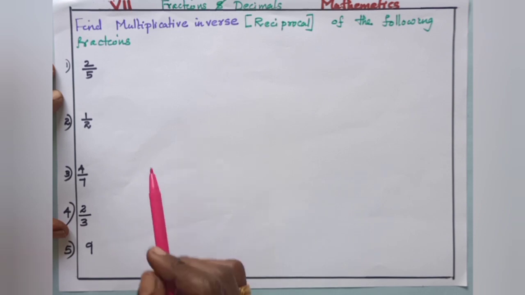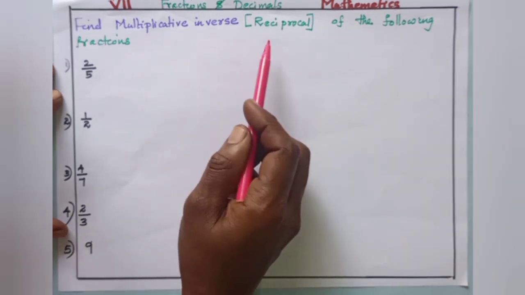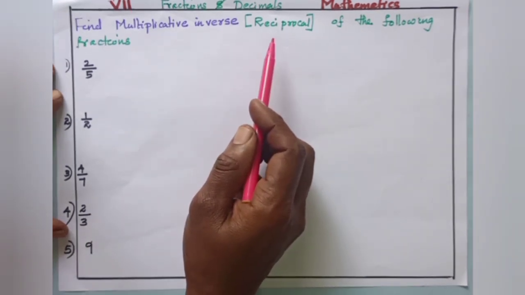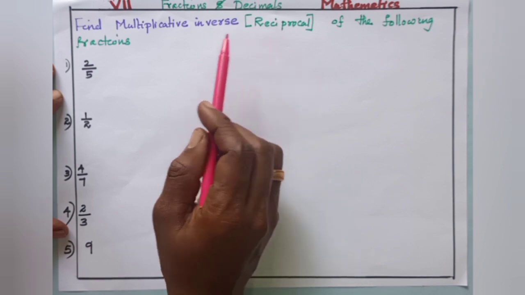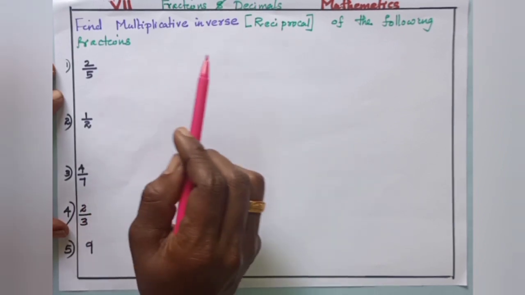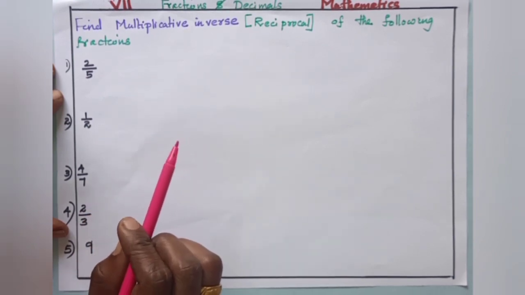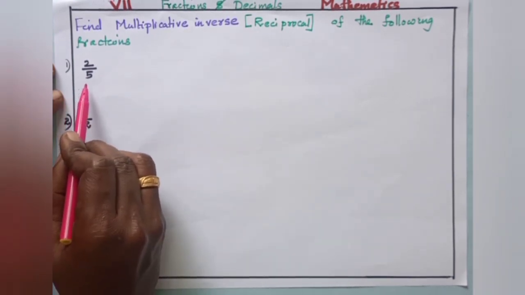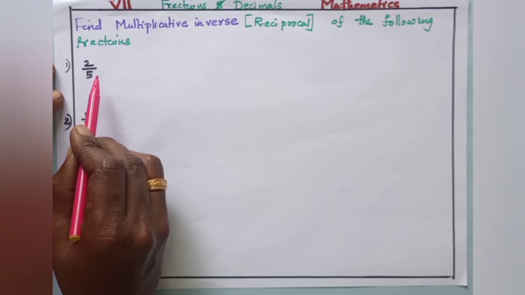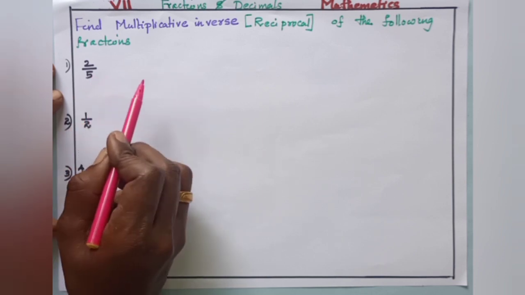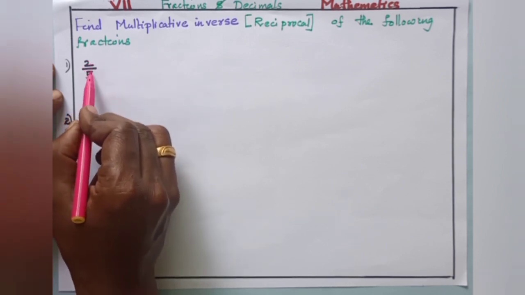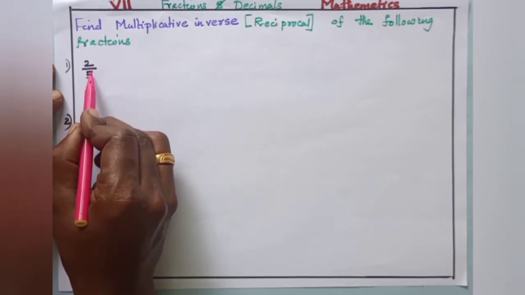We studied what the multiplicative inverse or reciprocal is: two numbers are the multiplicative inverse of each other when their product is 1. One fraction and its multiplicative inverse, we get the product equal to 1. So here the first question is 2 by 5.